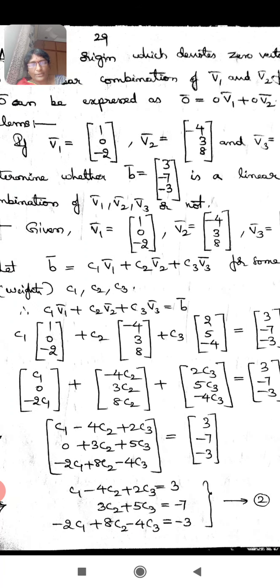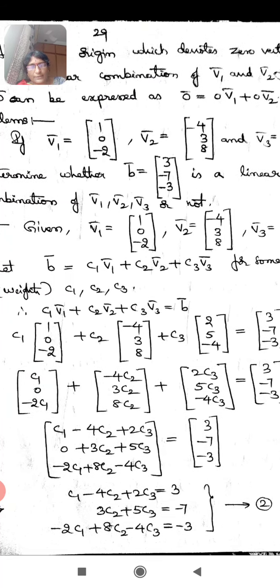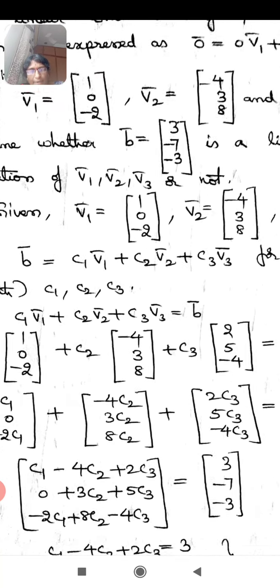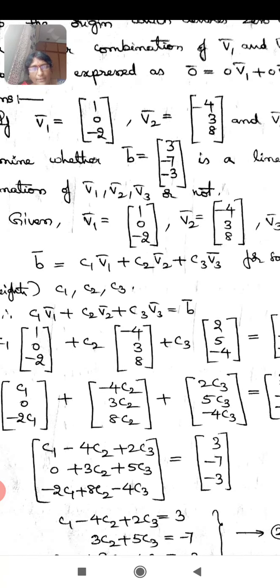Now substituting in this linear combination the vectors v1, v2, v3 and b bar which are given in the problem, we get like this, and after multiplying c1, c2, c3 to the vectors we will get like this. And now adding the three vectors on the left hand side, we get a single 3 by 1 column vector on the left hand side, and there is already a 3 by 1 vector on the right hand side.